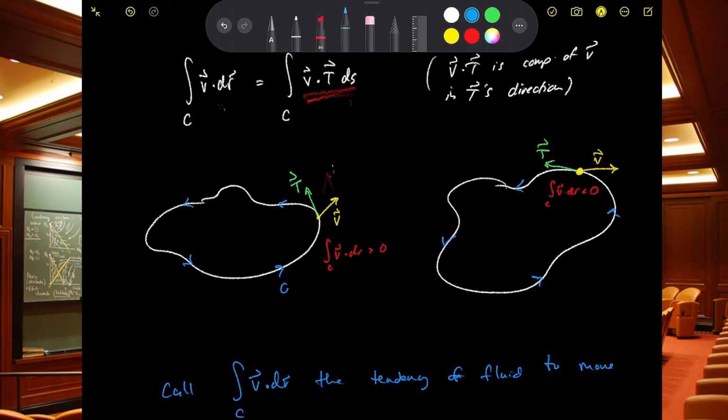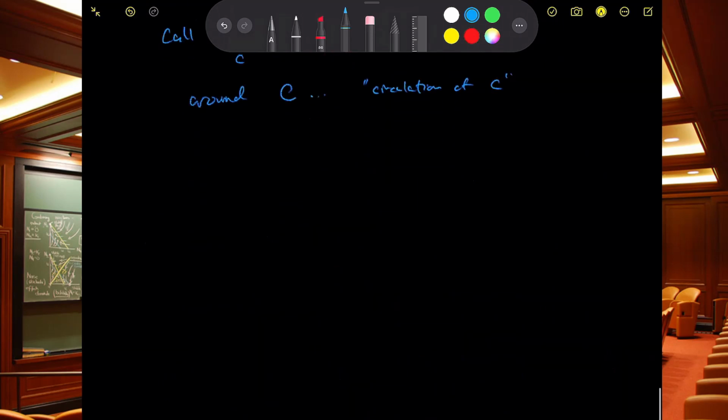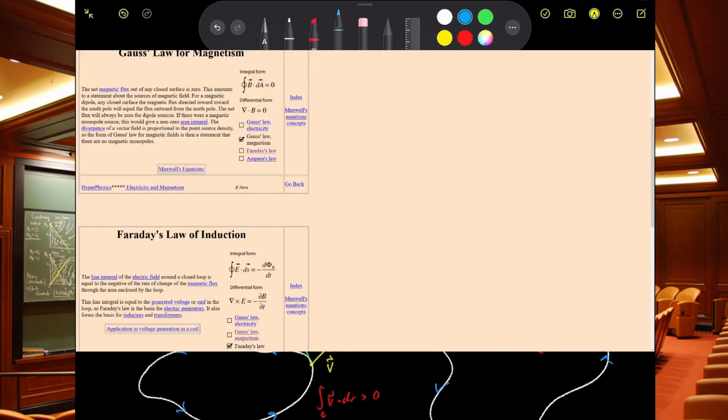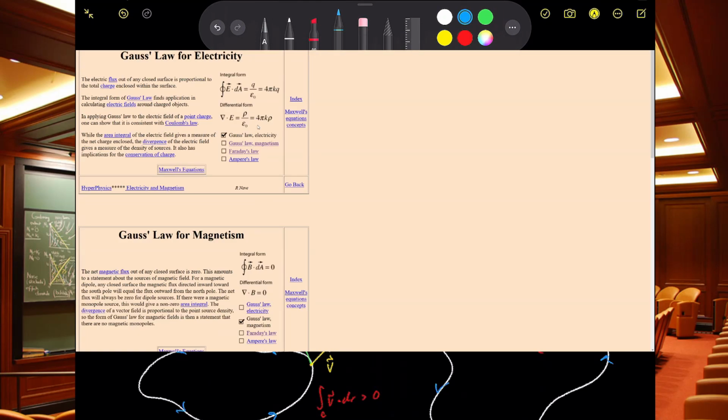Okay, so what I want to do now to close out is just show you some formulas that emanate from the physics world and see if we can unpack them a little bit with our newfound language of Stokes' theorem. So here we have Maxwell's equations.